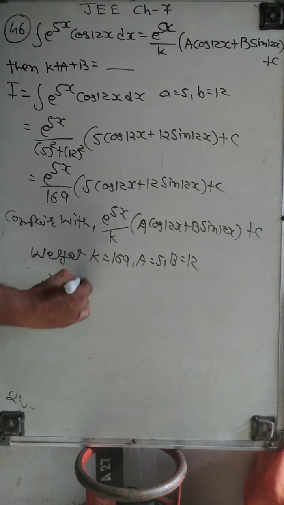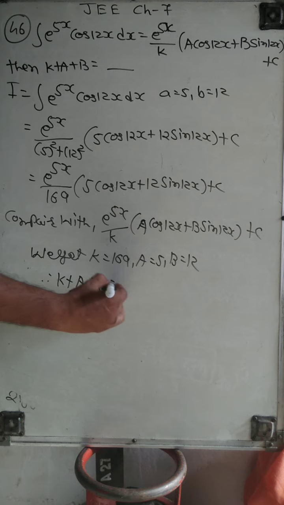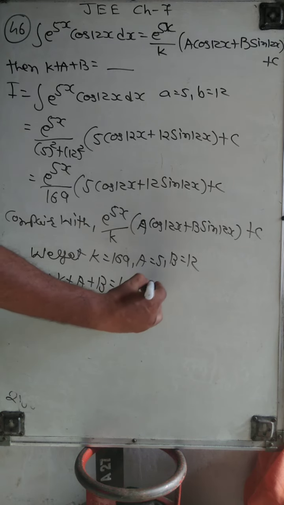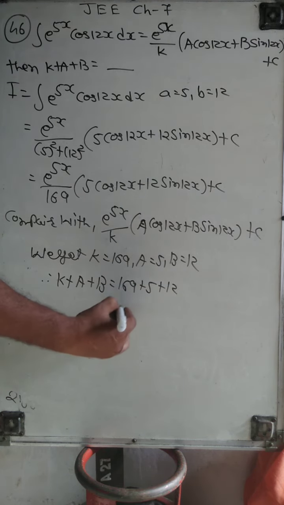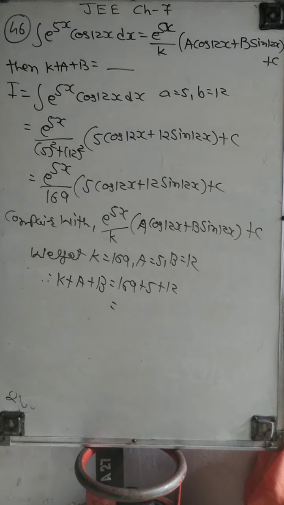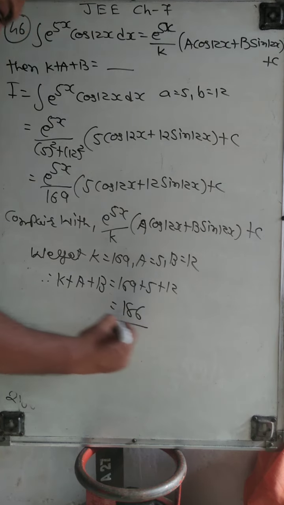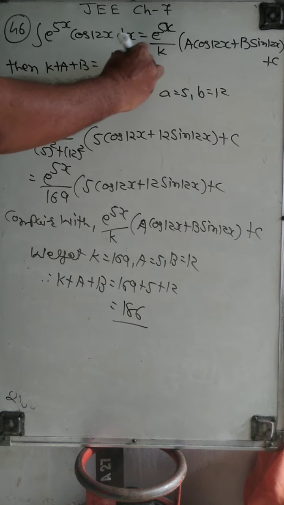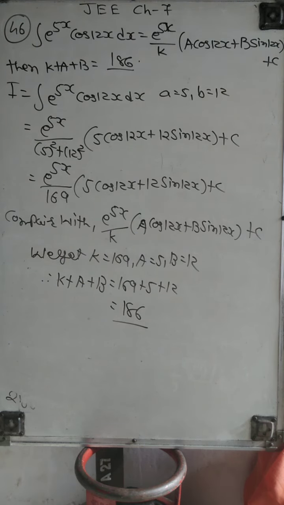Therefore k plus a plus b equals 169 plus 5 plus 12. It is 186. So our answer is 186 here, and this way we can complete this sum.